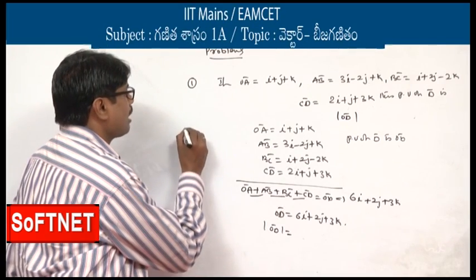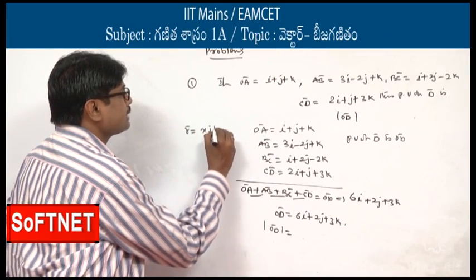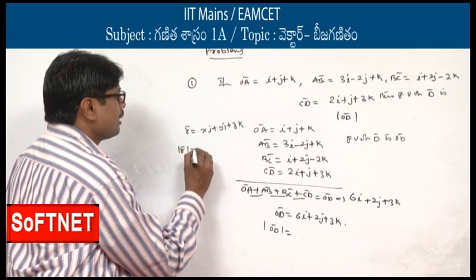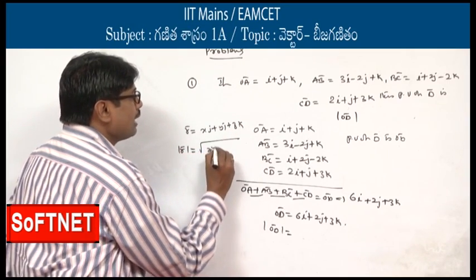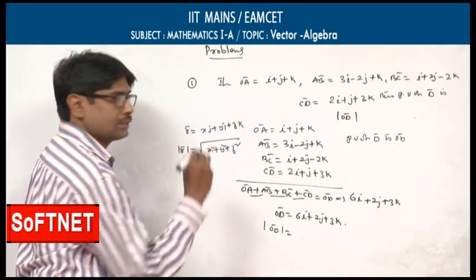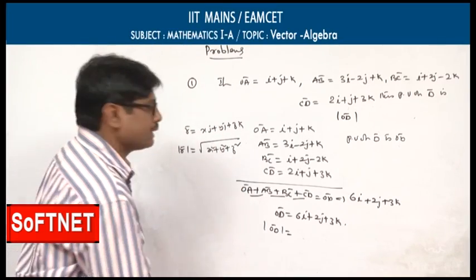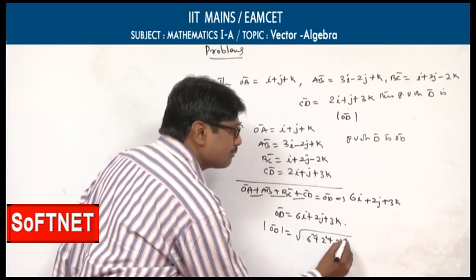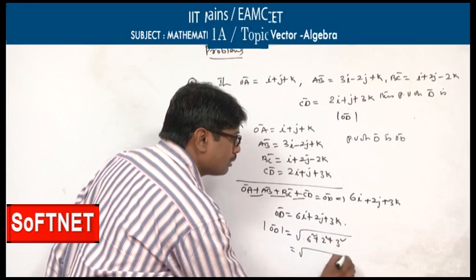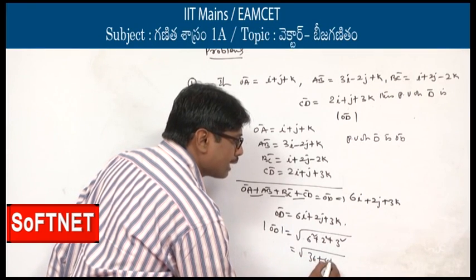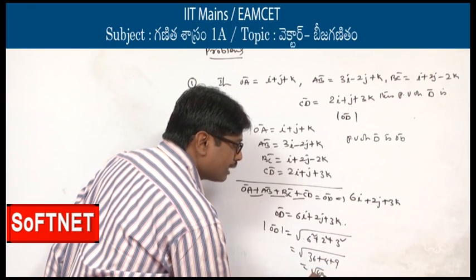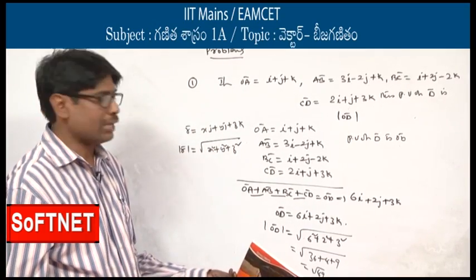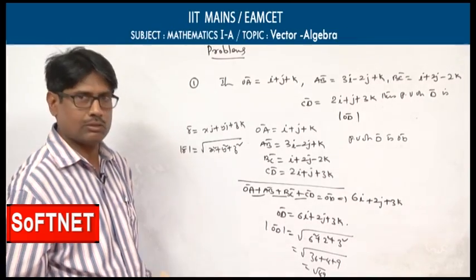Just now we defined R bar equal to Xi bar plus Yj bar plus Zk bar, then mod of R bar is the root of X square plus Y square plus Z square. So mod of OD bar is the square root of 6 square plus 2 square plus 3 square, which is the square root of 36 plus 4 plus 9, which is 49. Root 49 is 7. So we calculated the position vector of D bar and its magnitude is equal to 7.